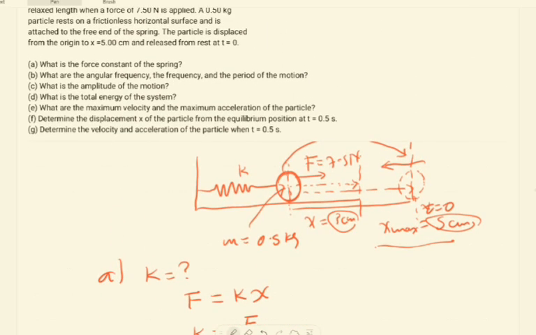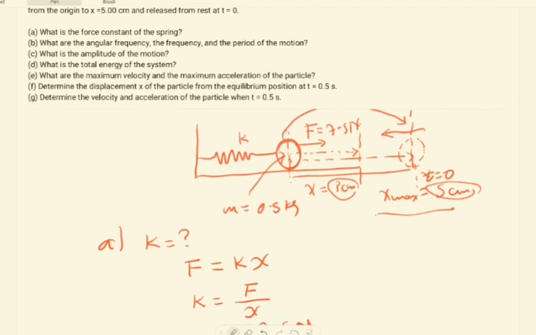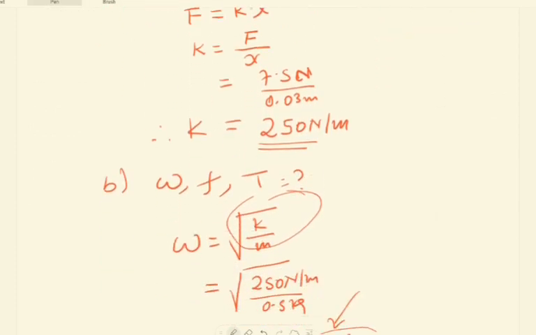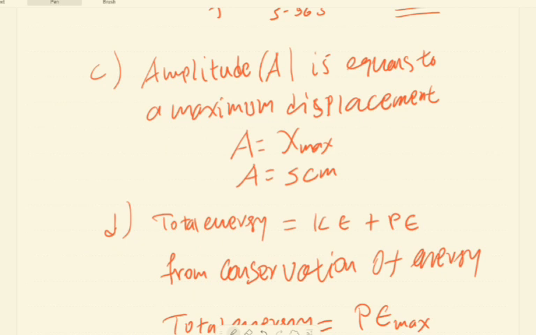And finally, in part E we are asked to find what are the maximum velocity and the maximum acceleration of the particle. So this would be easy to calculate, the maximum velocity and the maximum acceleration, from the previous.